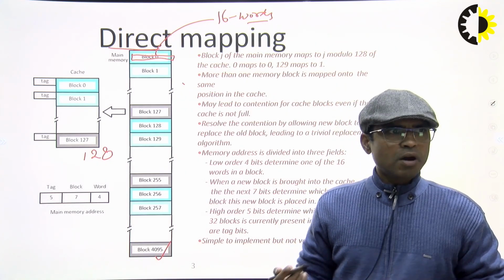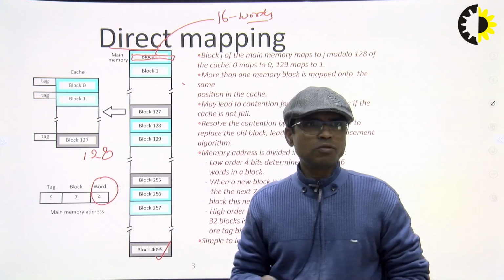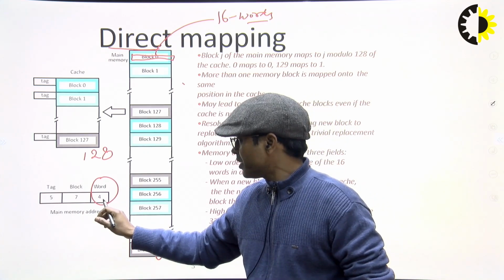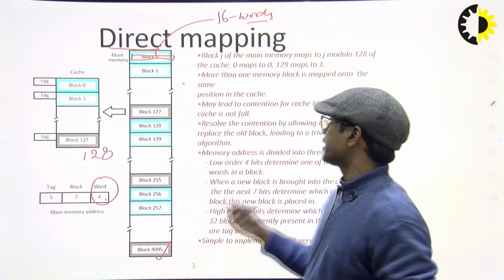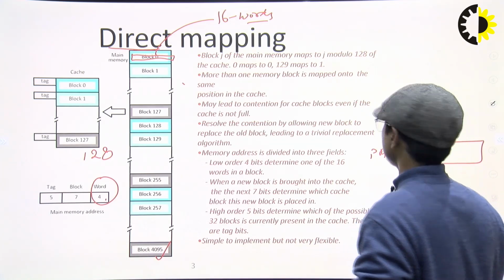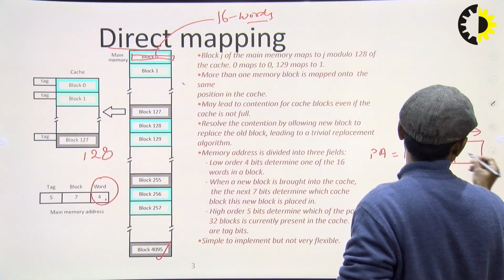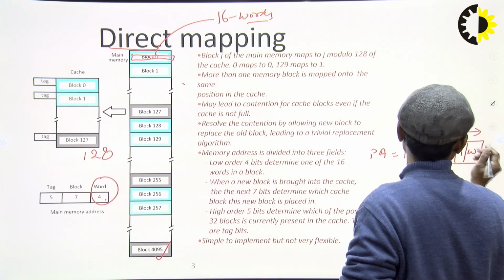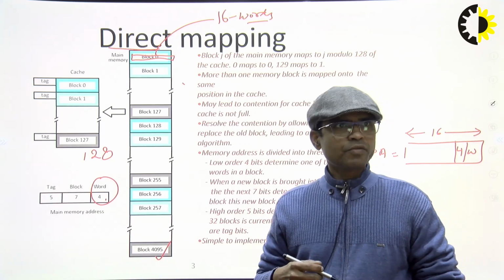The word within a block is identified by a 4-bit word address. When a physical address of 16 bits is generated, the least significant 4 bits, the word address, are used to identify the particular word within a block.